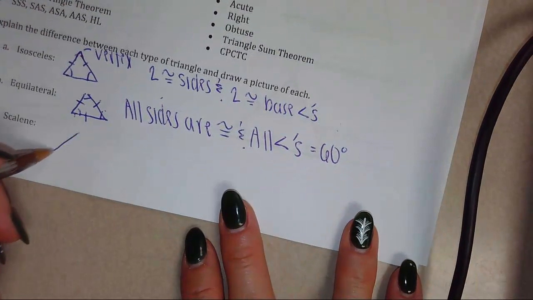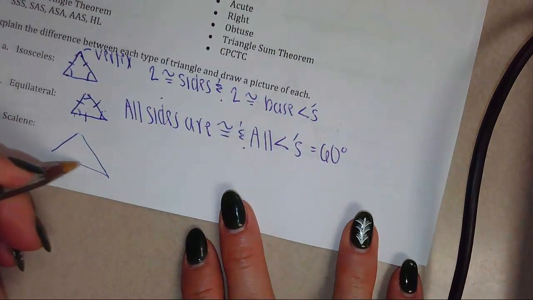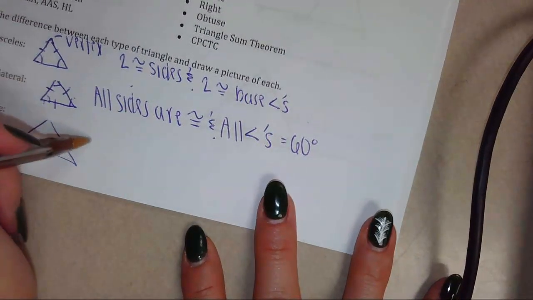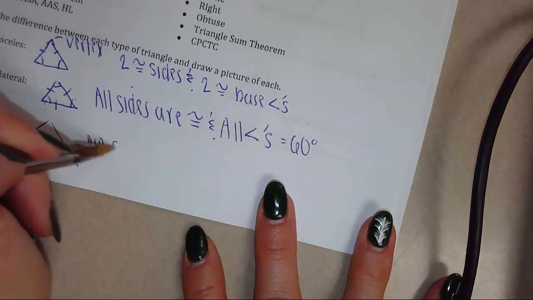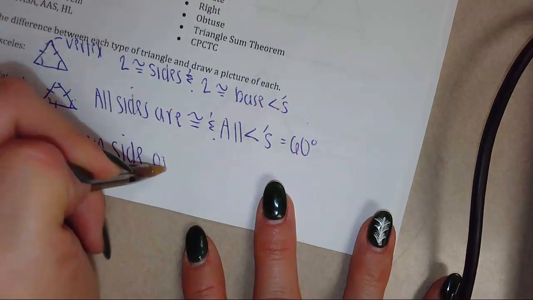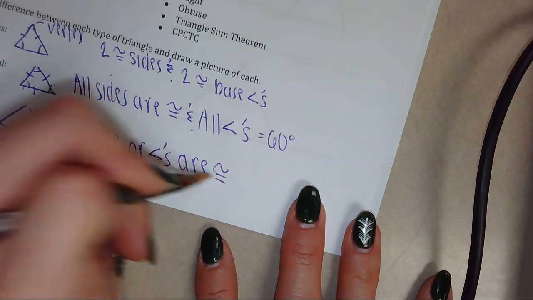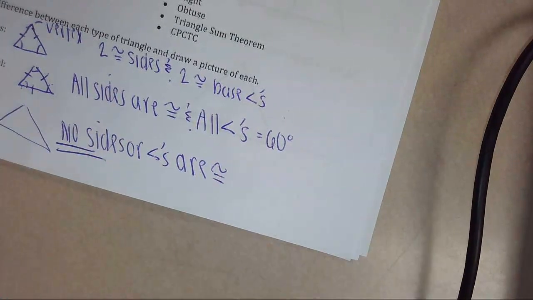Scalene, kind of like a poor sad soul: no sides or angles are congruent. So none of them. No sides or angles are congruent.